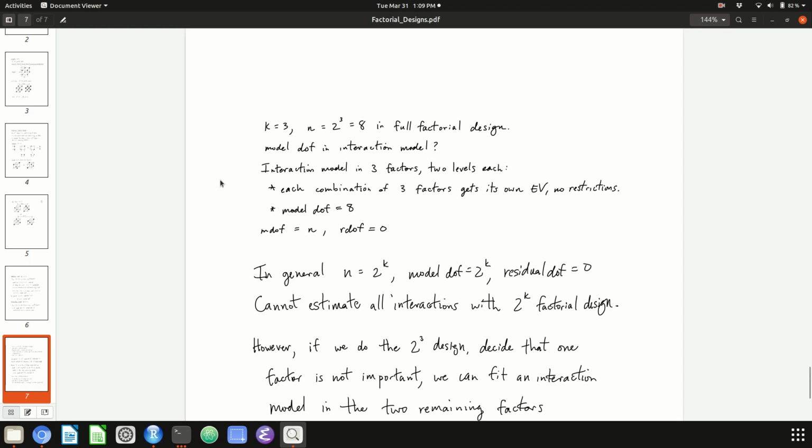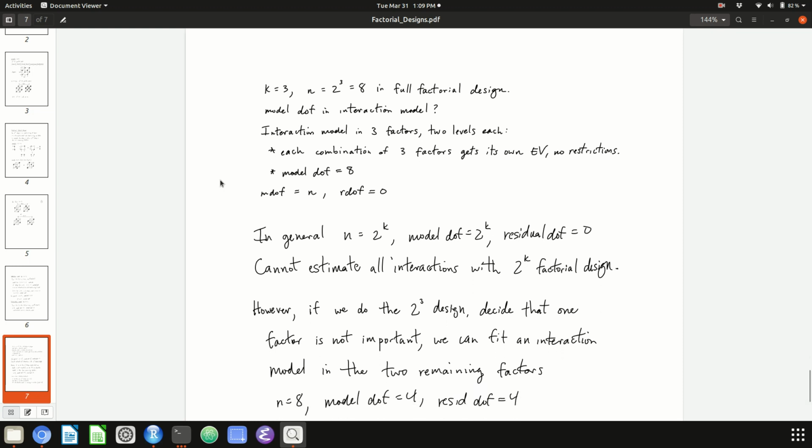So what ends up happening is if you want to fit a full interaction model using a 2 to the k design, you have exactly the same number of observations as you have model degrees of freedom. So you can get some information about what these expected values are, but you can't get any uncertainty about them because you have nothing left to estimate the residual variance.